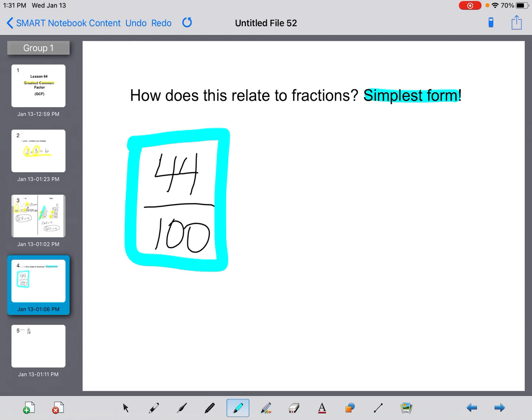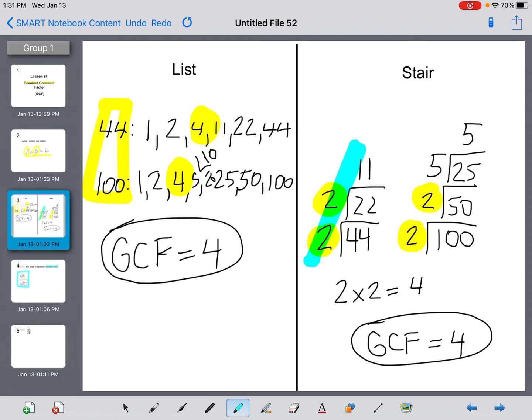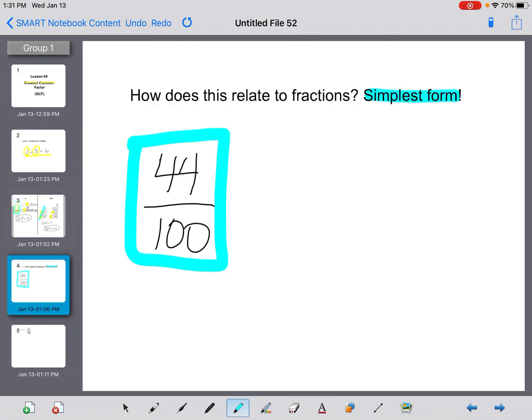What you can do to put it in simplest form is figure out what the GCF of 44 and 100 is. Once you know that, that is the number that you divide the numerator and the denominator by.